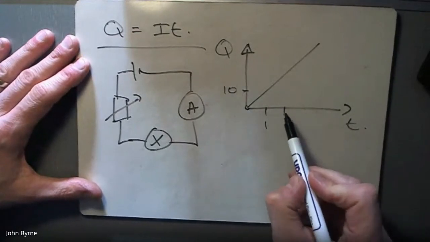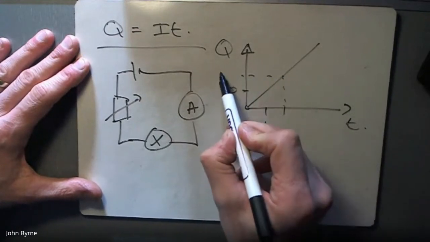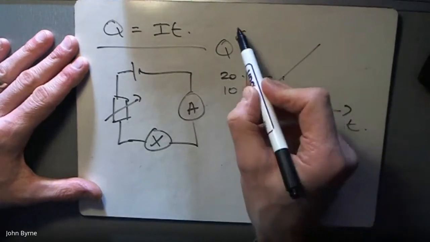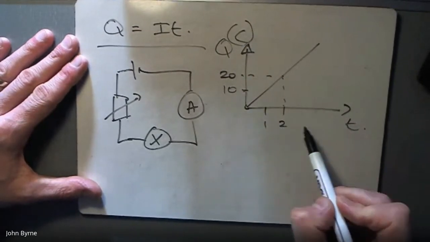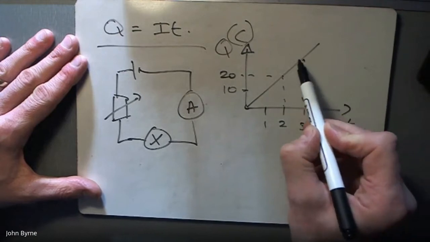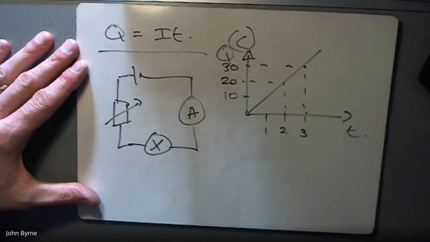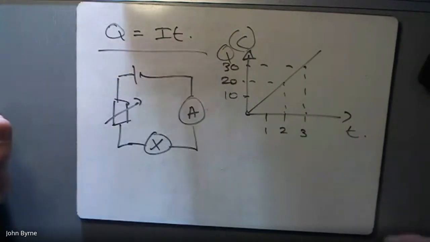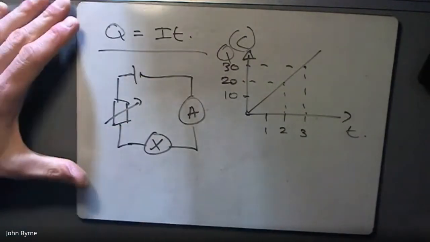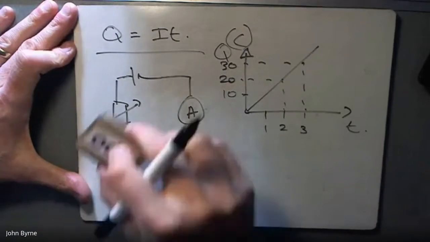After 2 seconds, we'd get twice the charge, 20 coulombs. We measure that in coulombs. 3 seconds, we get 30 coulombs of charge, etc. So that's a graphical relationship for how charge and current are related to each other.